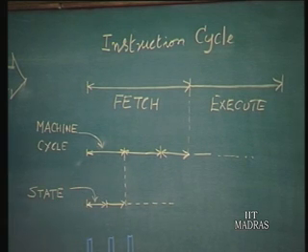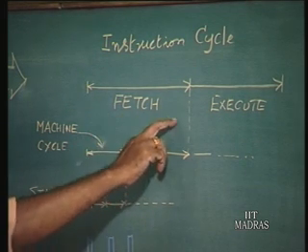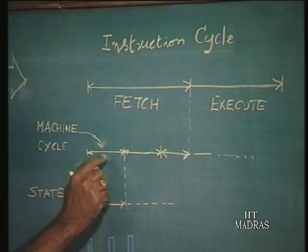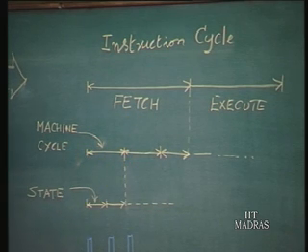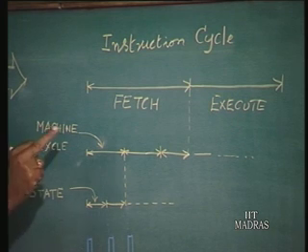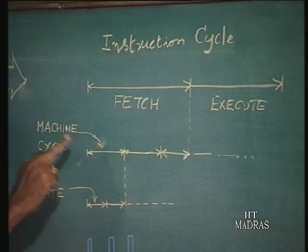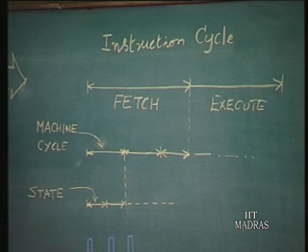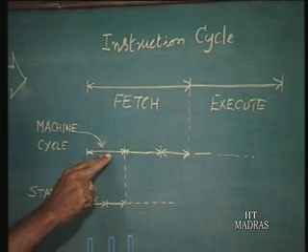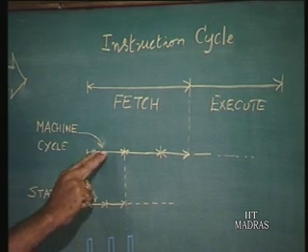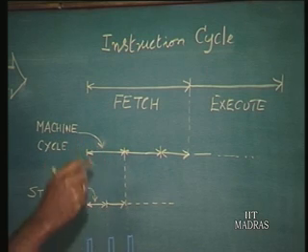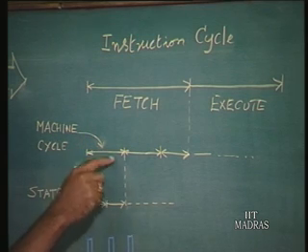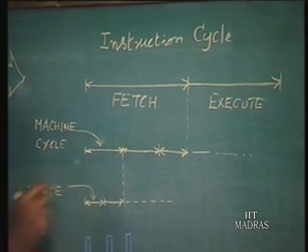Now as shown here, this fetch phase of the instruction cycle consists of 1, 2, 3 machine cycles, which means essentially the processor for fetching this instruction makes use of the bus 3 times. That is, from 3 memory locations it is fetching the instruction. Okay? And as shown here, for example, this particular first machine cycle consists of 2 states.